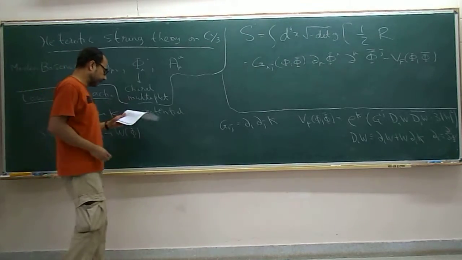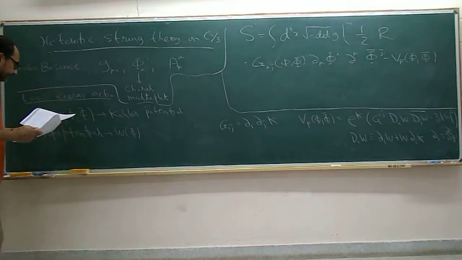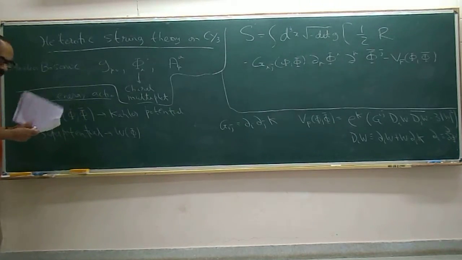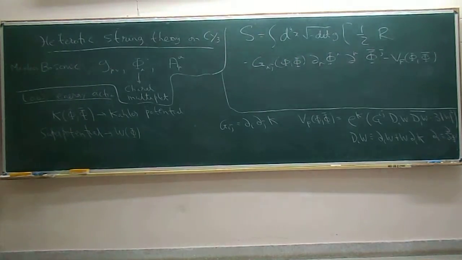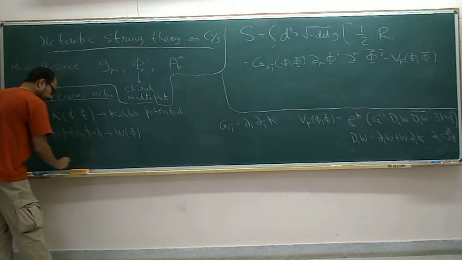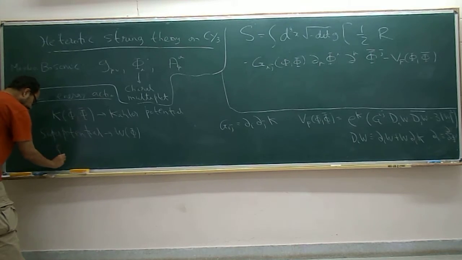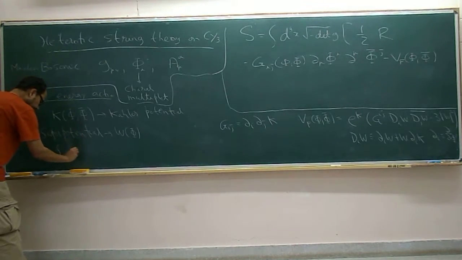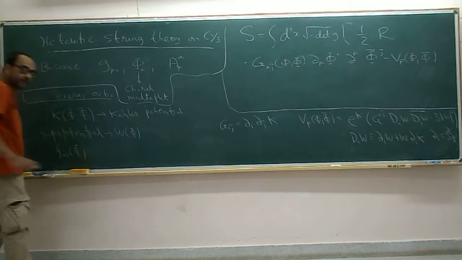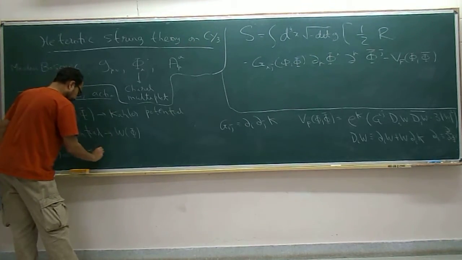So, if there are gauge fields, we also need a function that controls the gauge kinetic term, which is denoted by f_AB of phi. This is a holomorphic function, depends on phi only. This controls the gauge kinetic term.